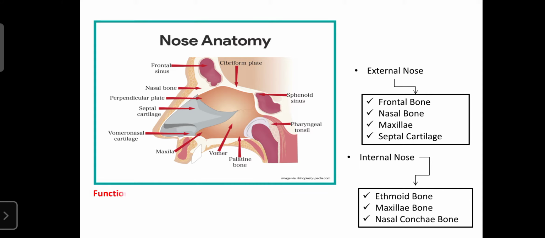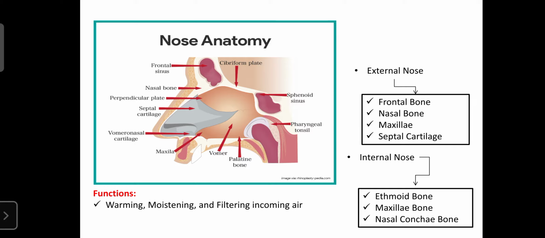Next, regarding the functions of the nose. The nose plays an important role in warming the inspired air. During the cold, the air is too cold, which can create problems in the exchange with the blood, but the cold air is warmed by the nose.